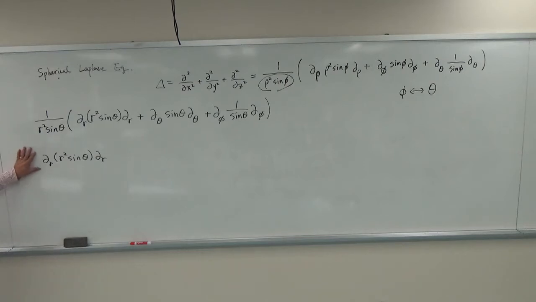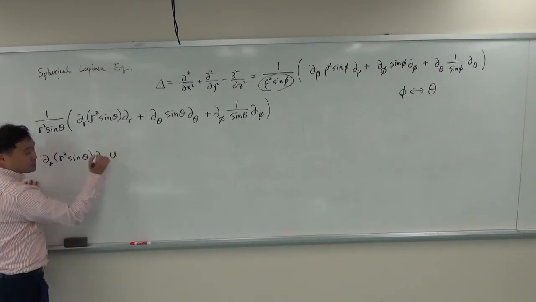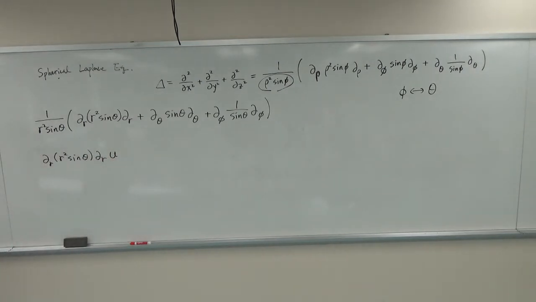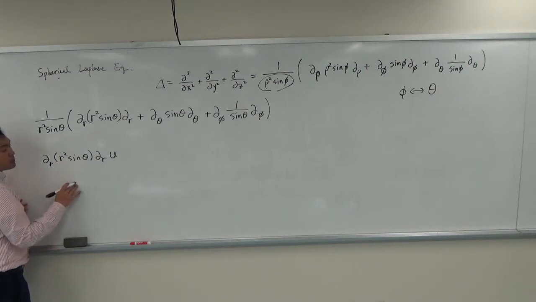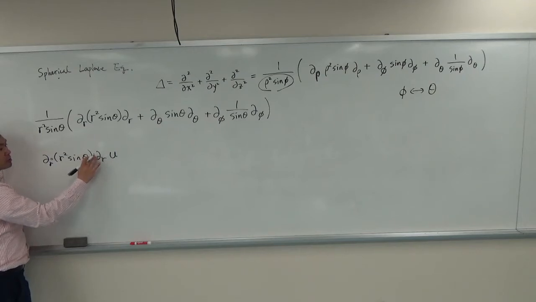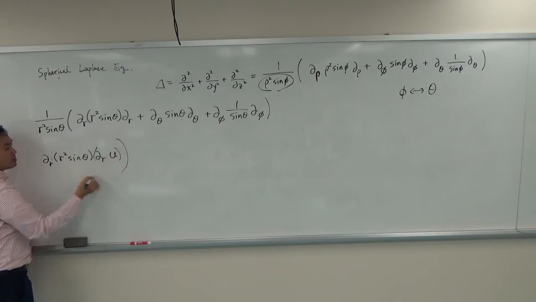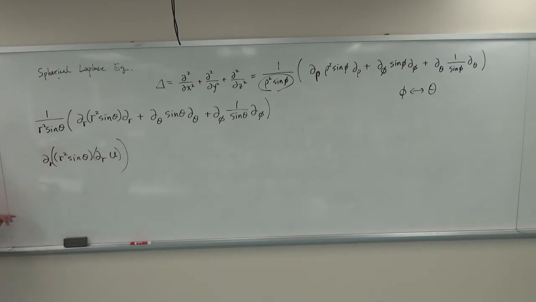You see, an operator like this only has meaning if you apply it to some u. And when you apply it to this u, it's really a composition of operators. So the way you're thinking of it is you have this, this, and this.